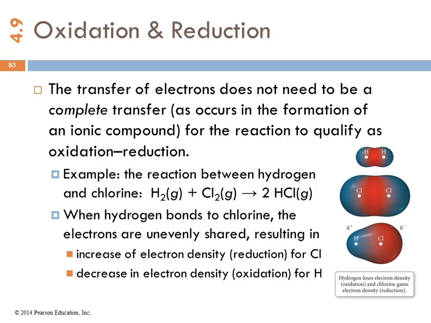In an ionic compound, we have a complete transfer of electrons. But you can have oxidation reduction without forming an ionic compound. You can have a partial transfer. If we look at the reaction between hydrogen gas and chlorine gas to form hydrogen chloride. Here we have a hydrogen molecule, 2 hydrogen atoms.